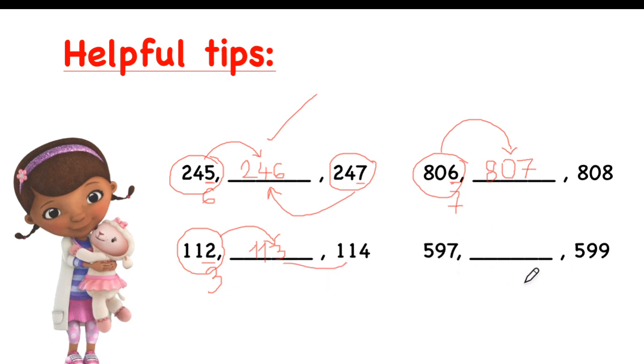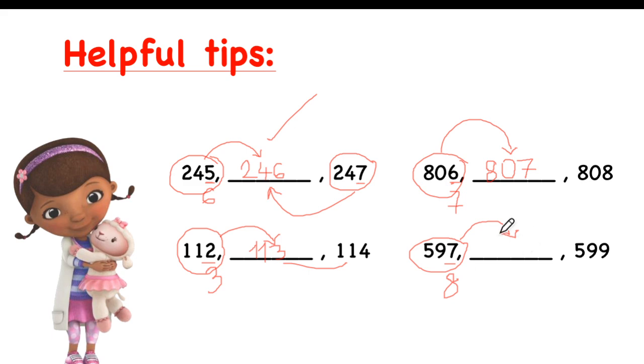Which number is between these two numbers, 597 and 599? Again, I will work with this number first and find out which number comes after it. Use the last digit, 7. If I want to find the number after it, I need to add plus 1. 7 plus 1 will be 8.